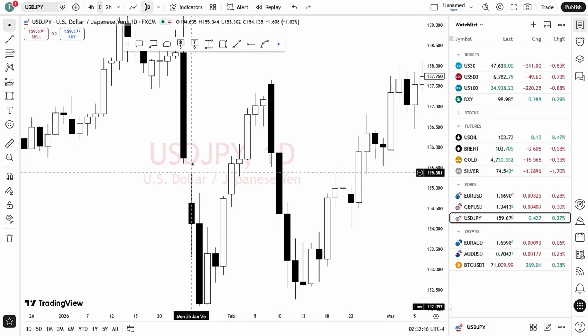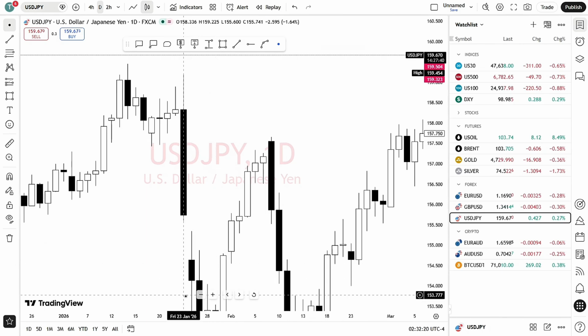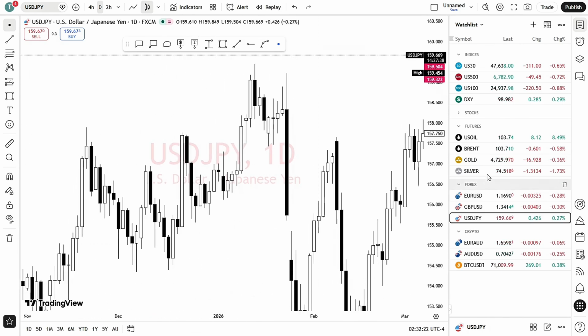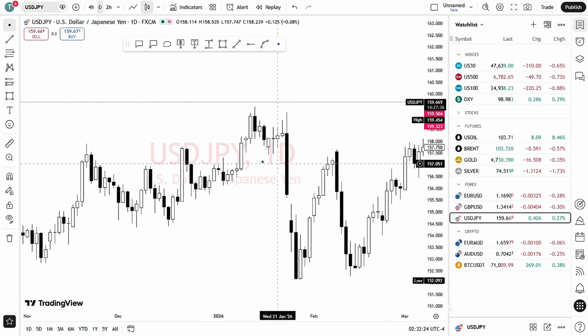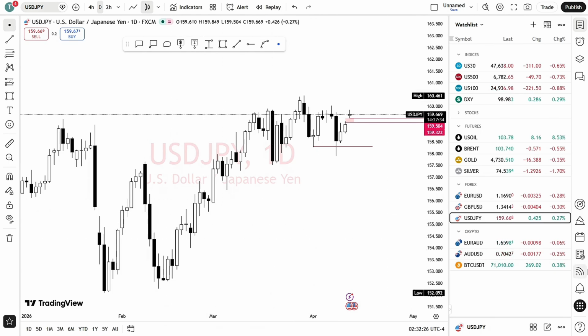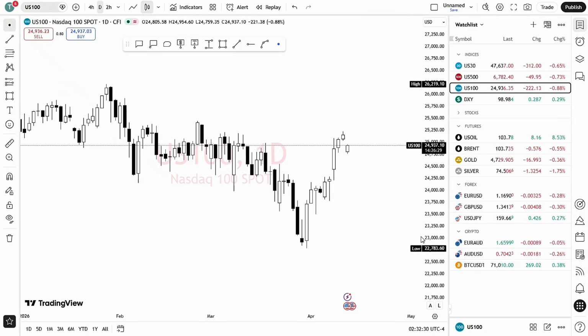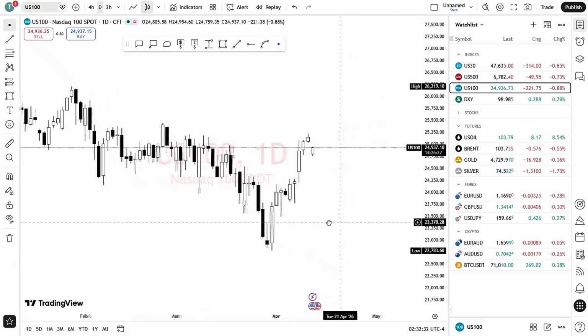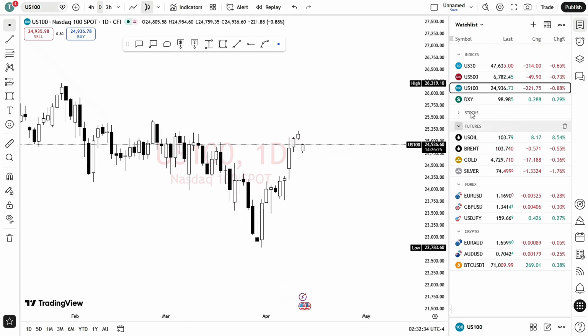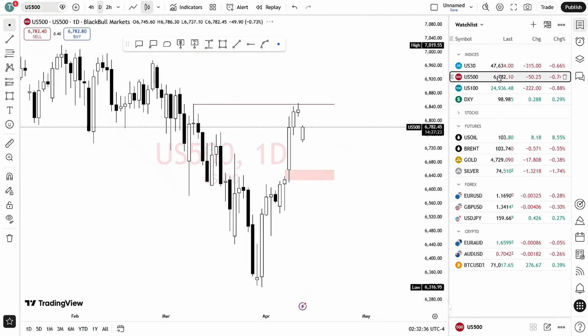So we have a lot of pockets of liquidity, and if you check this place, you had a void, yes, and then price actually filled it, but it wasn't immediately. Was it? It wasn't, because as you can see, price dropped lower first before actually going up. And then US 100.